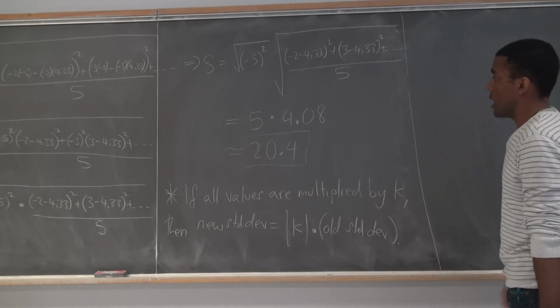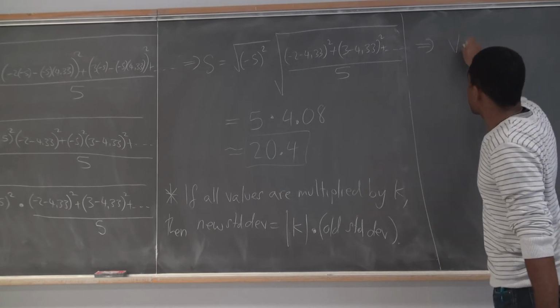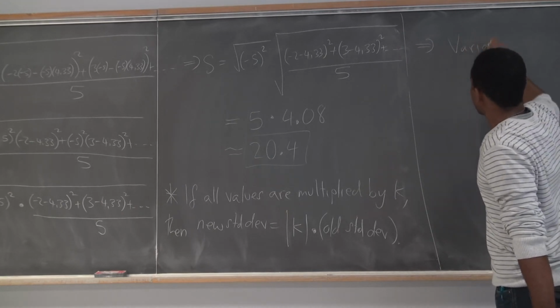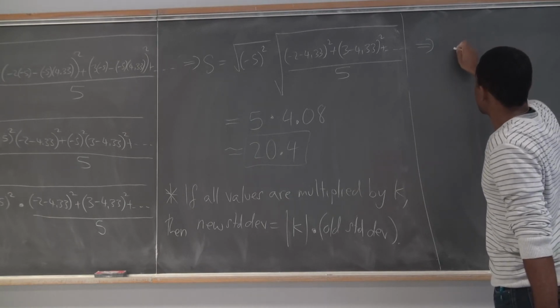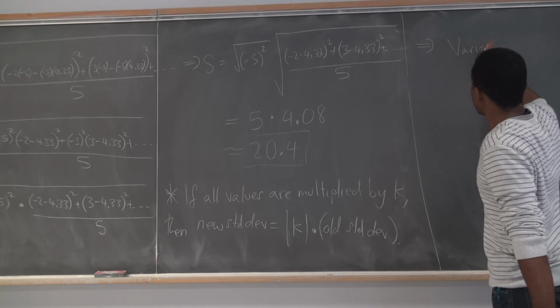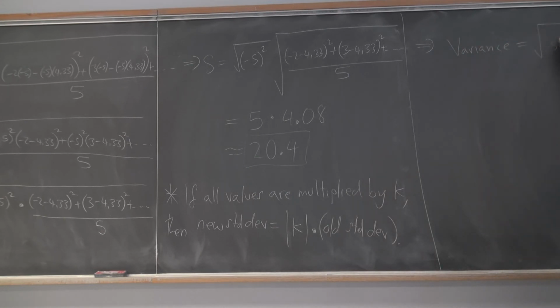And of course, how would the variance change? This implies the variance in this case will just be the square root of the standard deviation. Remember, this standard deviation ends up being the absolute value of k times the old standard deviation.